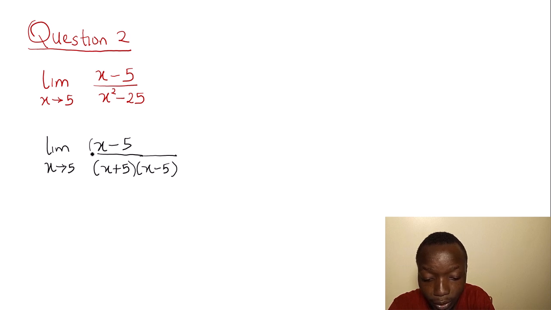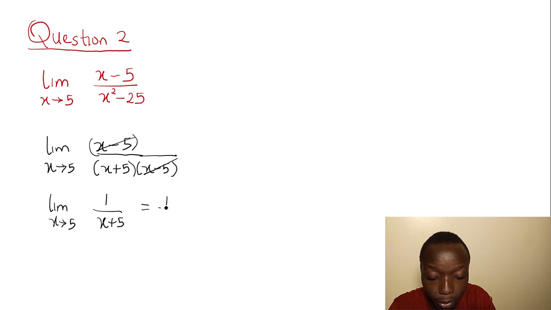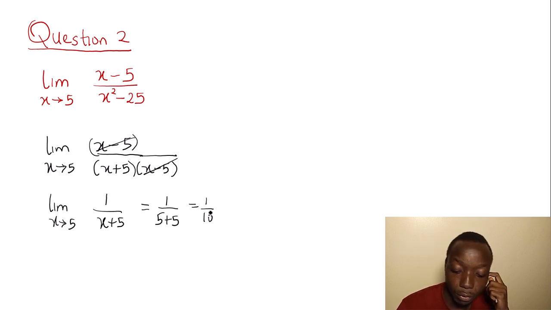Here, x minus 5 cancels x minus 5. You're left with the limit as x approaches 5 of 1 over x plus 5. So here you're going to have 1 over 5 plus 5, which is 1 over 10. So you found the answer to your limit.